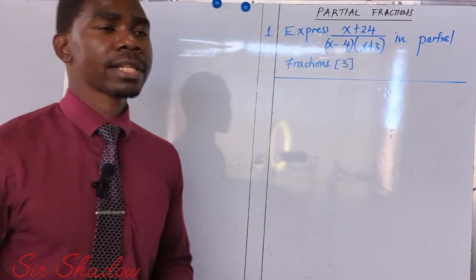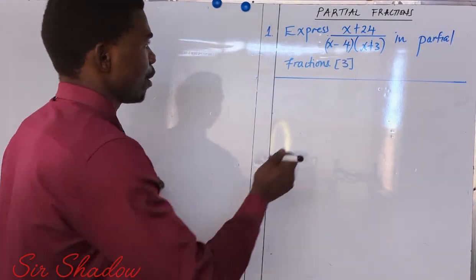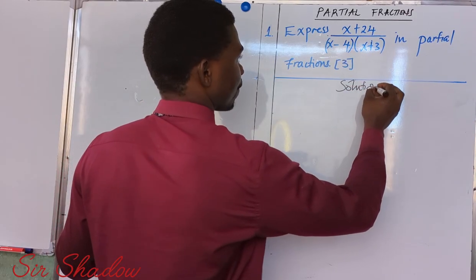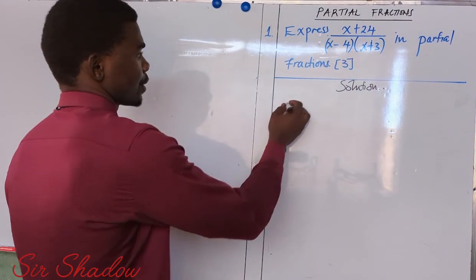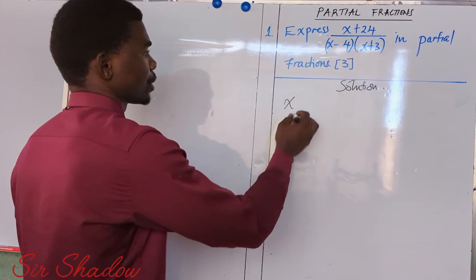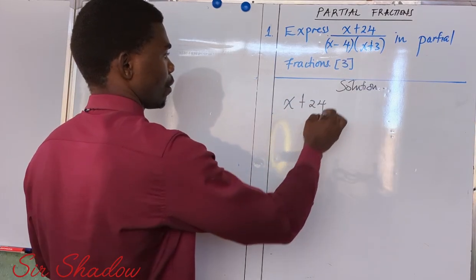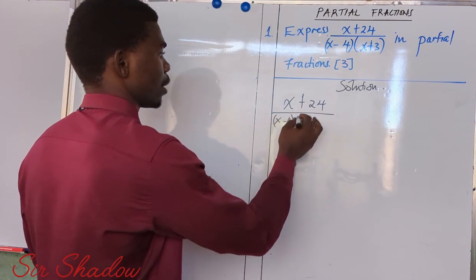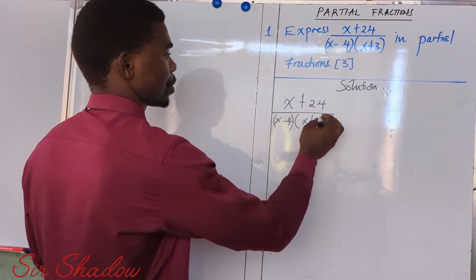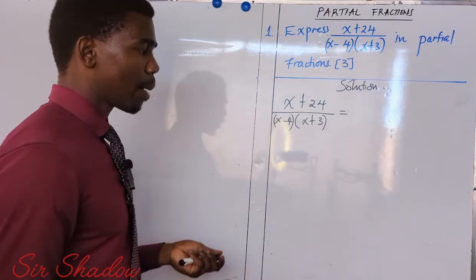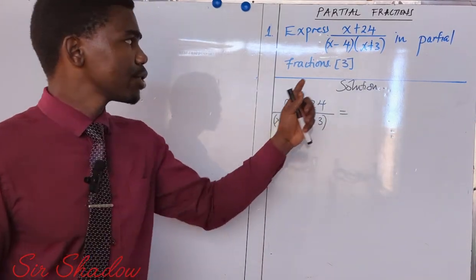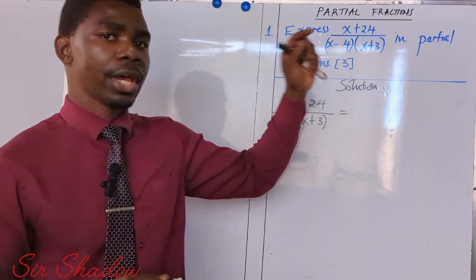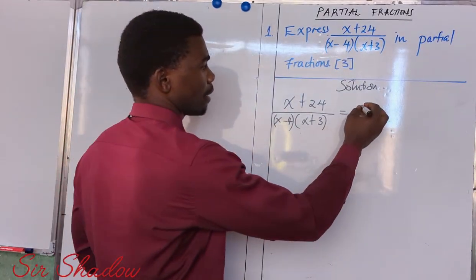But from this condition, just given these two singular expressions, and asked to express in partial fractions, we have to apply the linear way. We are given (x + 24) over (x - 4)(x + 3). This is linear, so we apply the linear factors.